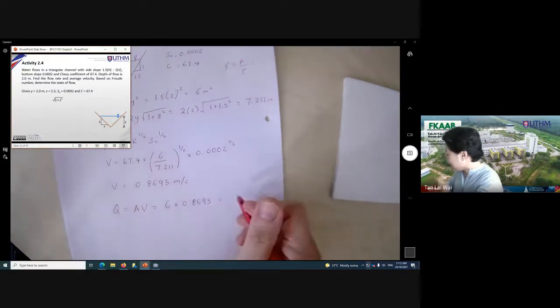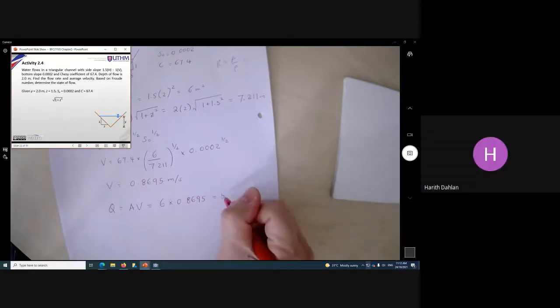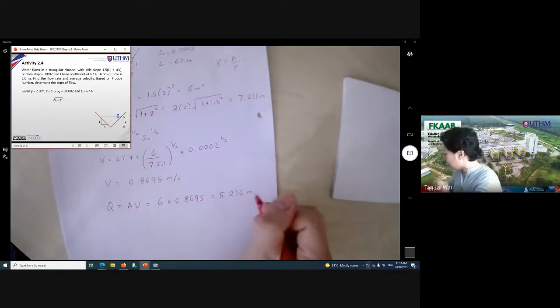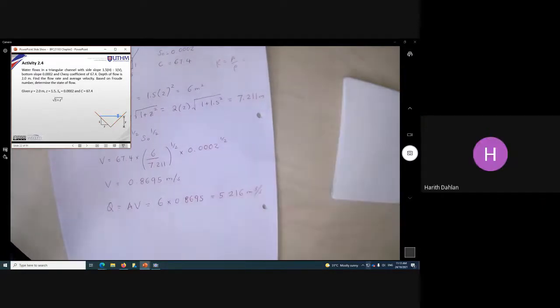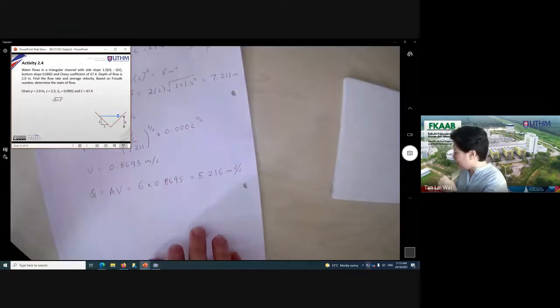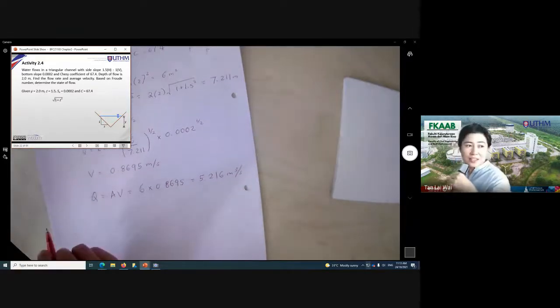Harith, continue please. 5.2169. All right, great. Four significant figures. Okay, thank you. So this rate of flow will be 5.216 meter cubed per second. Now, let's continue.